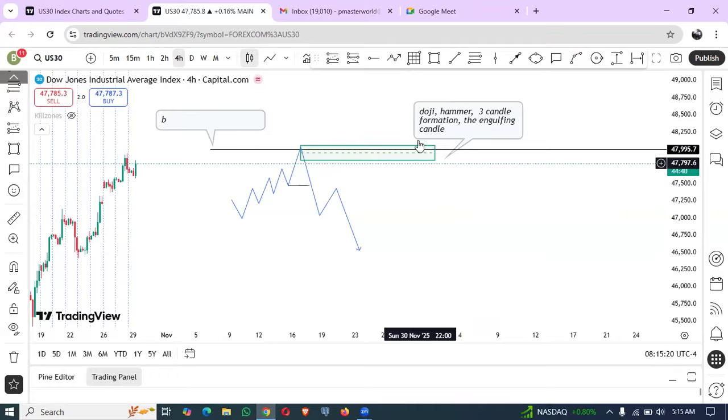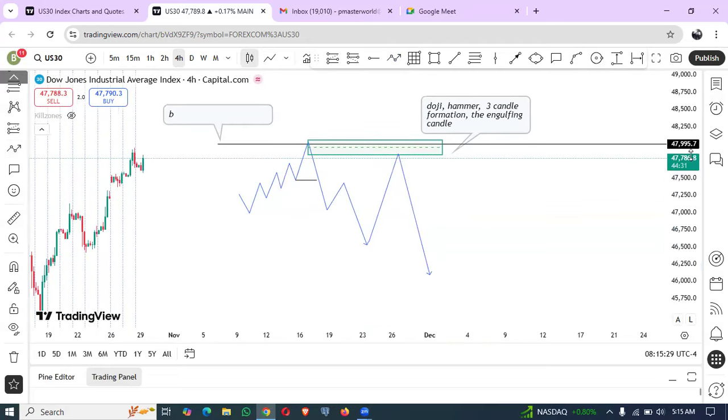So once you see either of them forming at that extreme, 80% of the time the market will come back, touch there, and start coming down.